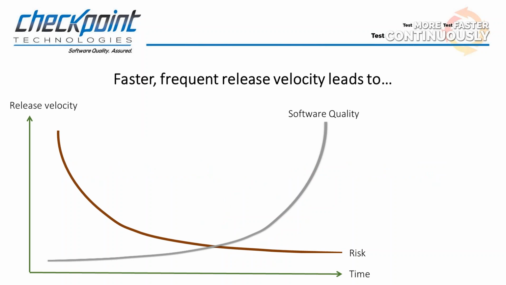So we've all seen this graph before. The idea is the faster you create applications, the higher risk you have of having security problems, having functional issues. The faster you do anything, the higher risk you have. So the idea in this graph is to move that intersection between software quality and risk to the left while maintaining a low risk. Okay, high velocity, low risk.